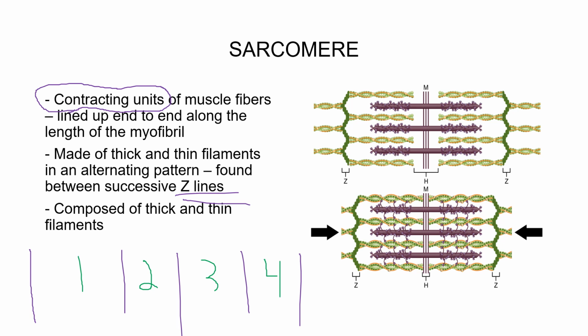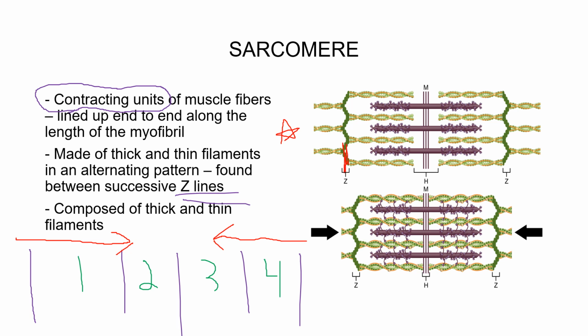And what happens is when we contract our muscles, these Z discs get closer together. So this Z disc will kind of start moving towards that middle area right there. And this Z disc will move towards that middle area here. And they all just start getting crunched up. And that's what you can see in the picture on the right, where if you notice this top illustration, I'm going to draw big red lines where the Z discs are supposed to be represented.